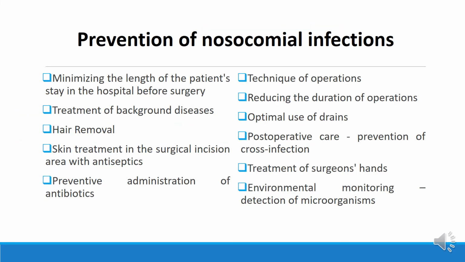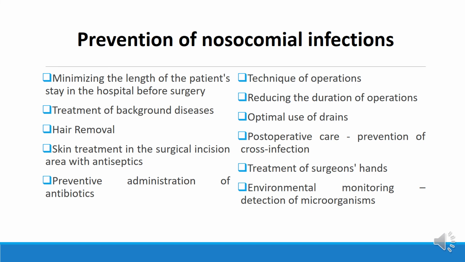So let's discuss prevention of nosocomial infection. First of all, minimizing the duration of the patient's stay in the hospital before surgery. Treatment of background diseases, hair removal, skin treatment in the surgical incision area with antiseptics, and the preventive administration of antibiotics.